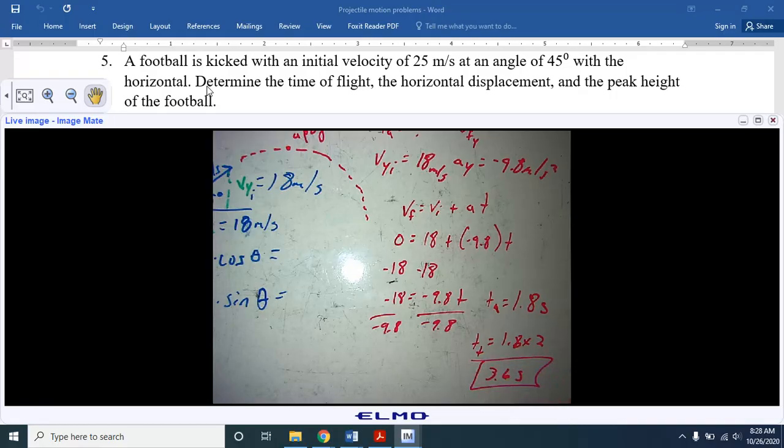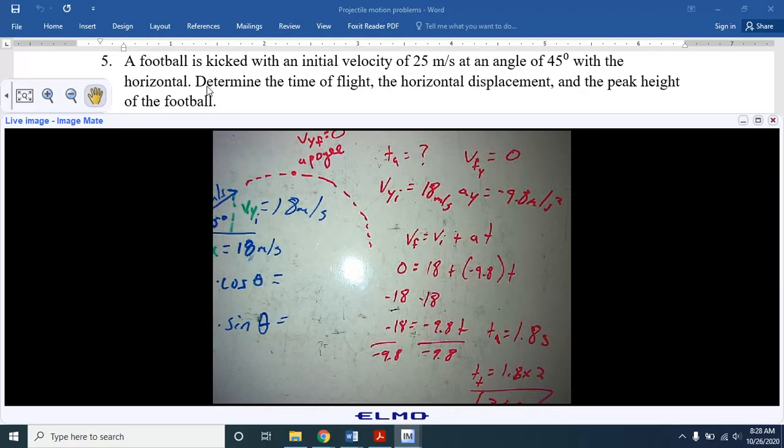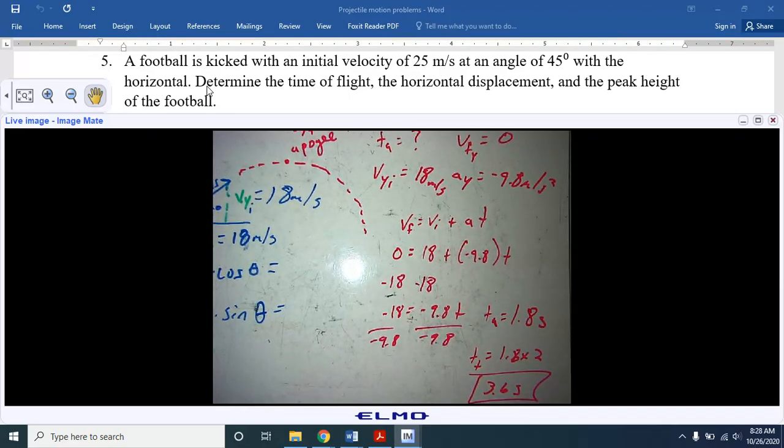So that's my time. Now again, I'm going to tell you very clearly, time is always going to be defined based off the y-axis. Time will usually be solved using this equation here. And usually when you're solving for time, you're solving for half the time.